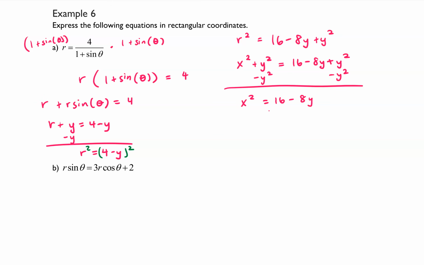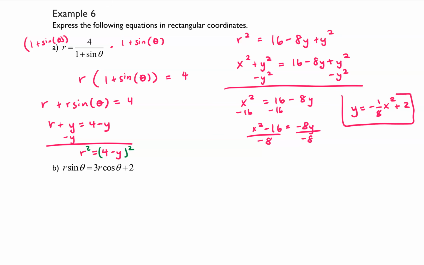And now I'm going to subtract 16 on both sides, and I get x squared minus 16 is equal to negative 8y. And then I can divide both sides by negative 8, and if I do that, I get y equals negative 1/8 x squared plus 2, and I'm going to leave my answer like that. And that concludes example A.